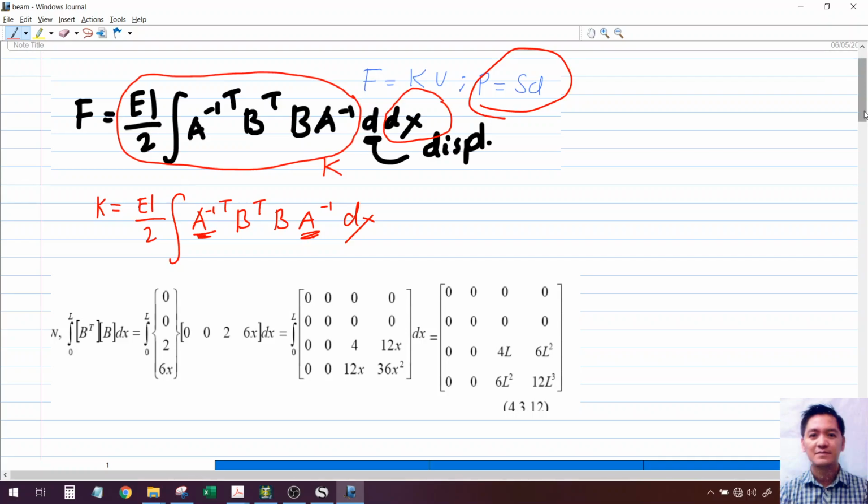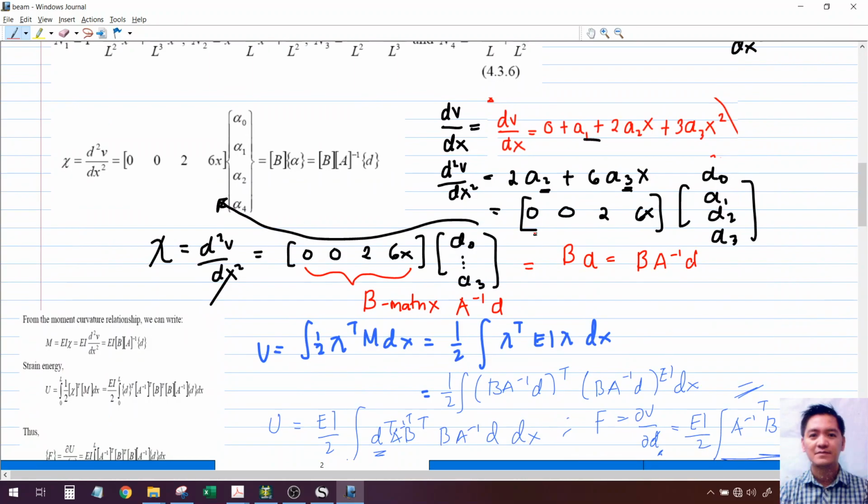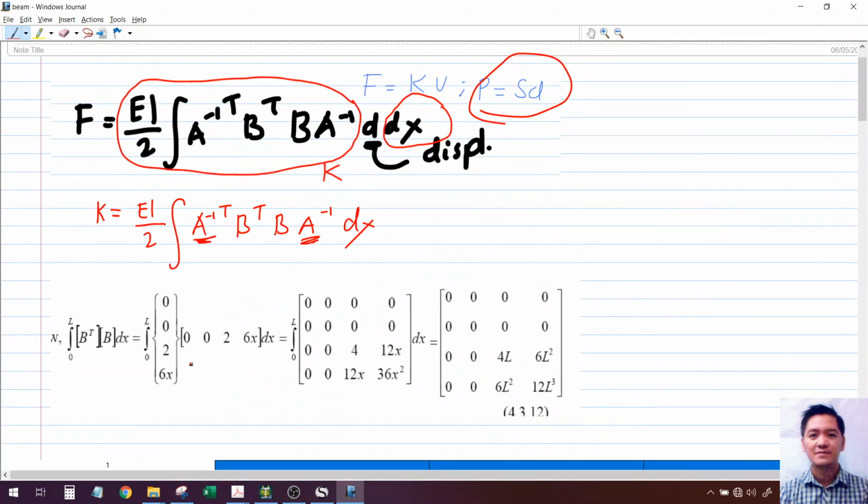Okay. So, our B matrix is, where is that? Okay. Ito yung B, no? 0, 0, 2, 6x. Kasi ito, this is B alpha. Okay. 0, 0, 2, 6x. Kaya, ang nilagay natin dito, transpose of that is ito. And then ito yung B. Operate this. You will come up with this. Okay. And get the integral of that. So, 0 naman yung iba. So, ito lang yung may laman. For example, 4.